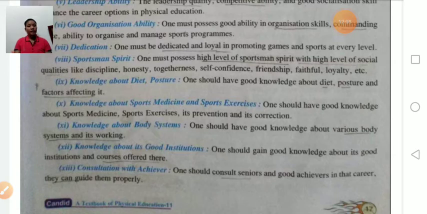You should be dedicated towards games and sports, sportsmanship spirit, knowledge about balanced diet, postures, correct exercise, knowledge about first aid, knowledge about body systems, how our body functions, what will happen if we do exercise, etc. Some good institutions are available in India, and these are the skills.